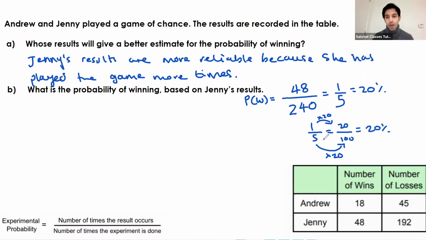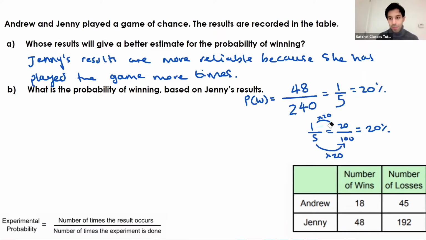So here's a bit of FDP, fraction decimal percentage conversions. So 1/5 is 20%. So the probability of winning based on Jenny's results is 48 over 240, which is the same as 1/5, which is the same as 20%. So 20% of the times you would expect to win based on Jenny's results.